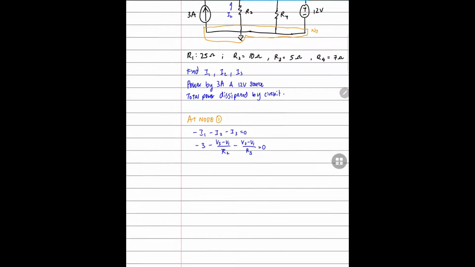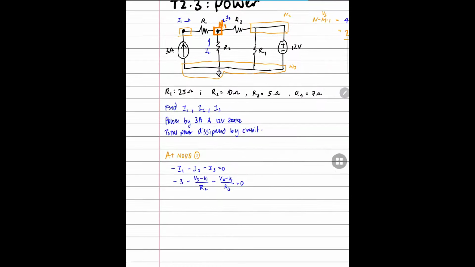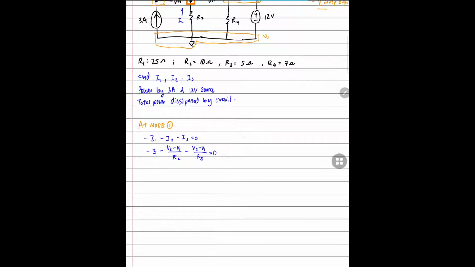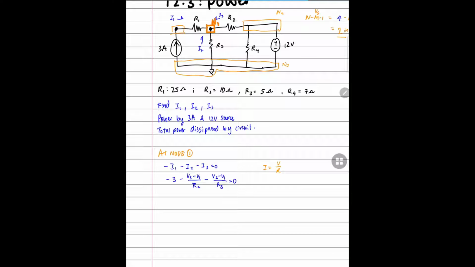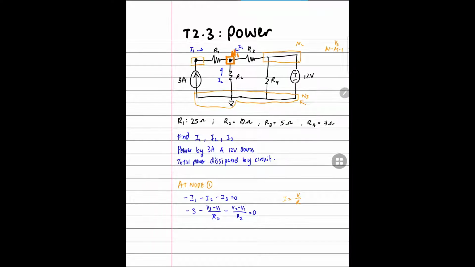Notice how I have written the currents I2 and I3 in the form of V3 minus V1 over R2, because we simply follow Ohm's law, I equals V over R. Here we are trying to find the voltage difference, which we establish from the start voltage minus the end voltage.